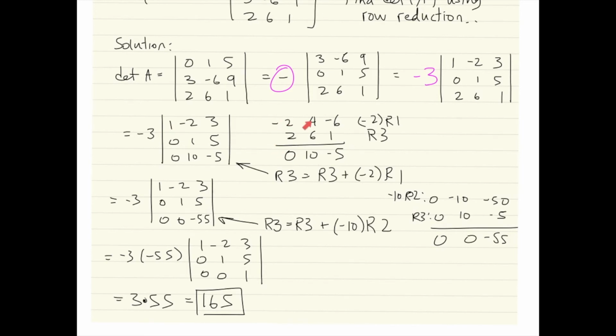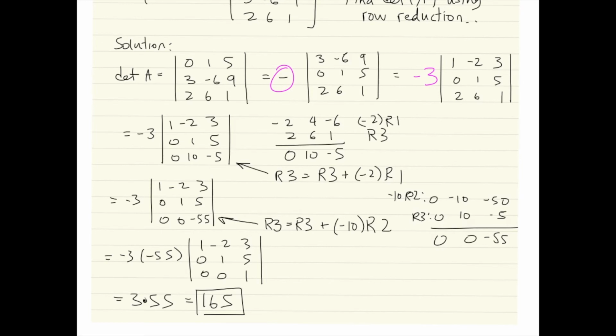So you can see the arithmetic here. I took row 1, multiplied through by negative 2, and then added to the original row 3. That's going to be my new row 3. And that does not change the determinant. So that's why I didn't add anything new; I just copied over the negative 3.